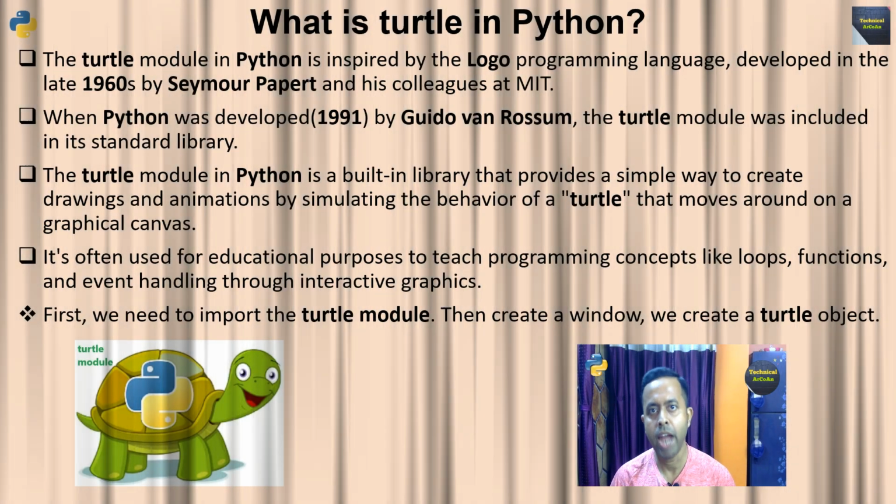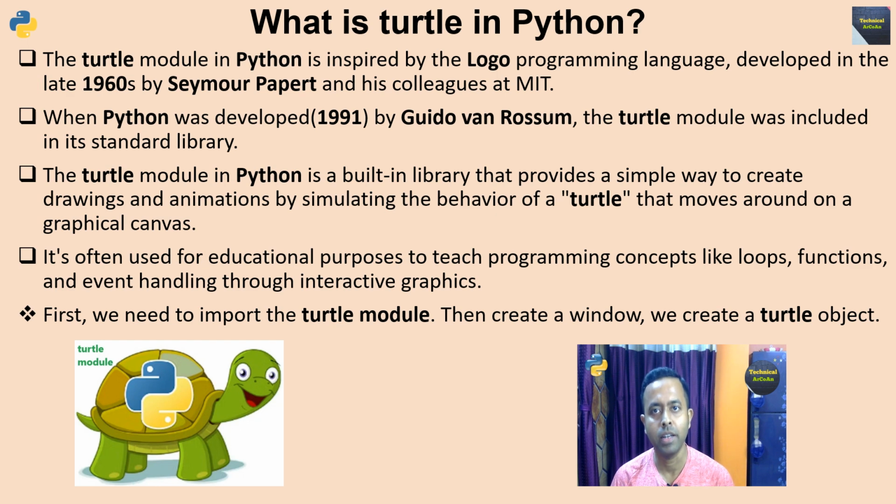So friends, at first we should know what turtle is in Python. The turtle module in Python is inspired by the Logo programming language, developed in the late 1960s by Seymour Papert and his colleagues at MIT. When Python was developed in 1991 by Guido van Rossum, the turtle module was included in its standard library.